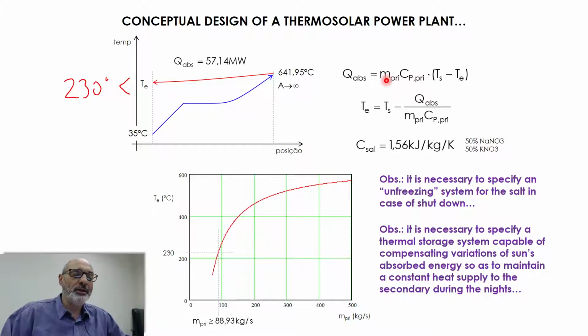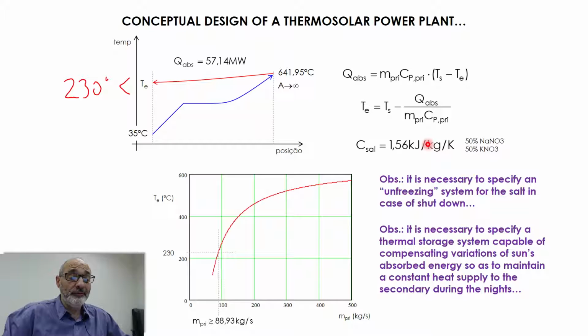I'm just recovering an equation that we developed a few slides ago. That's the energy balance of the primary fluid. From this equation, TE is equal to TS minus the absorbed heat divided by the heat capacity, and the heat capacity is charted data.